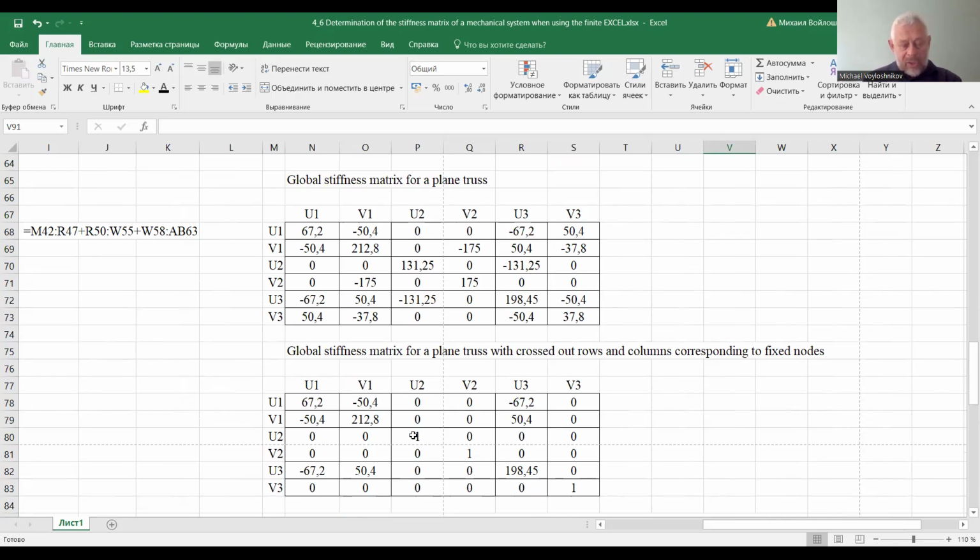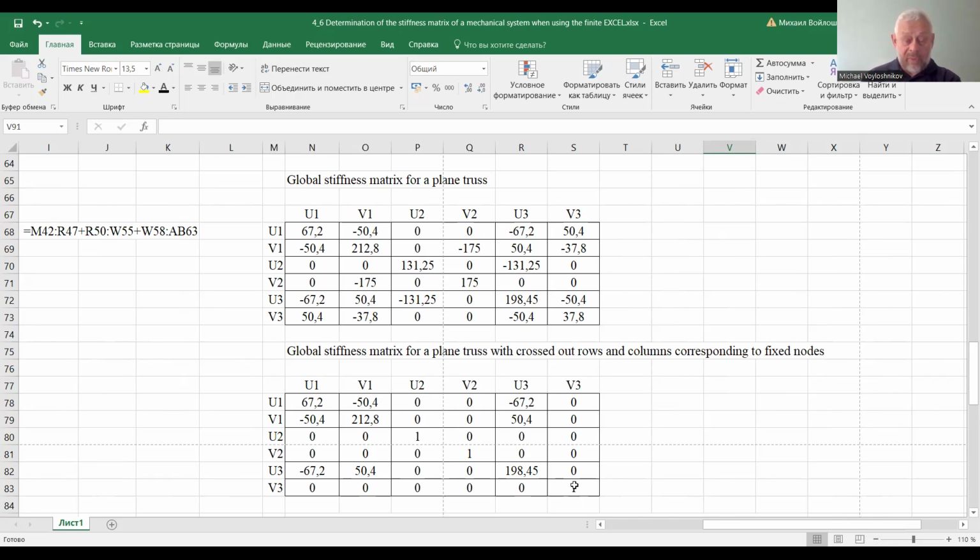So in each node, for the possible displacement we indicate 1 for the two directions, abscissa displacement and ordinate displacement of the node number 2, and the impossibility of ordinate displacement of the point 3.